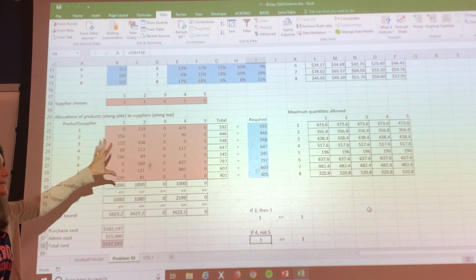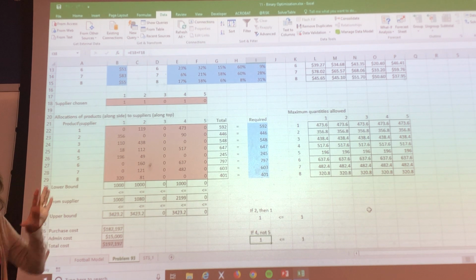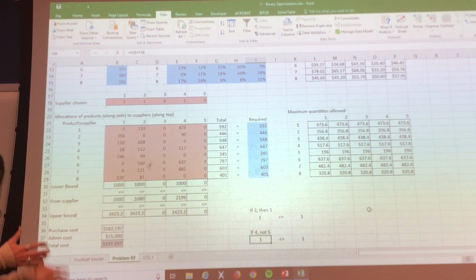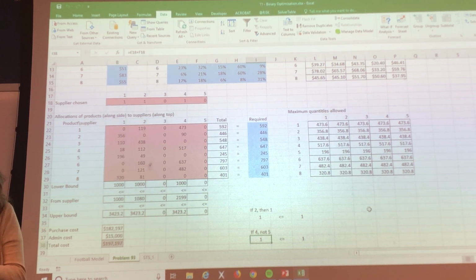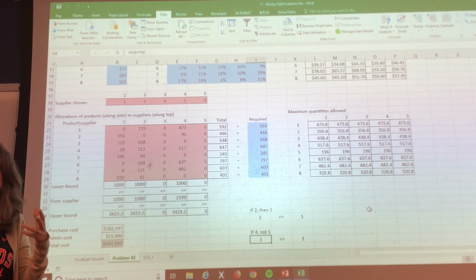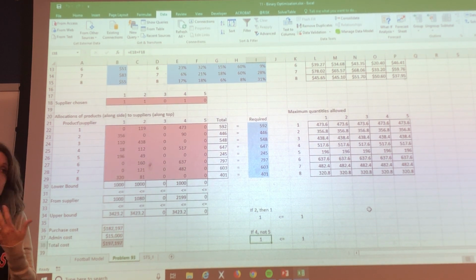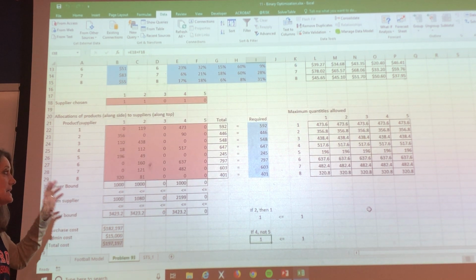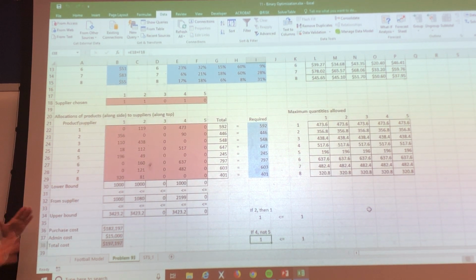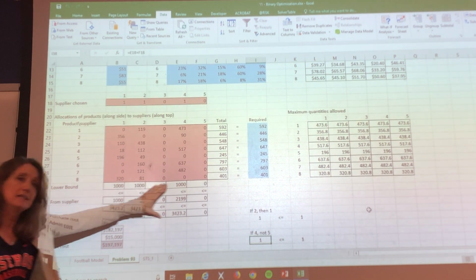So you really need to understand what goes on in a binary problem, which is how you connect the binary variables to the problem to make it incur, for instance, costs that it wouldn't incur if you didn't connect it. In these problems, that boils down to right in here.